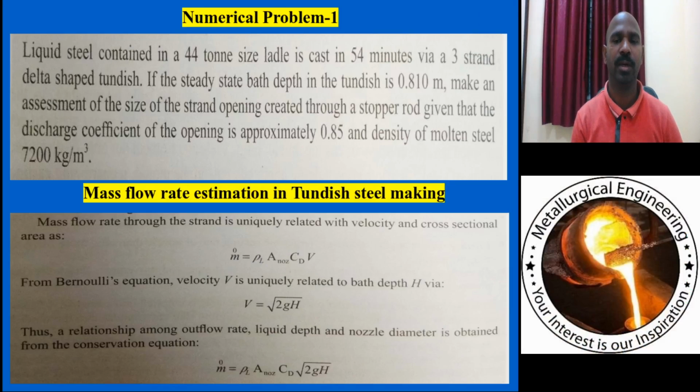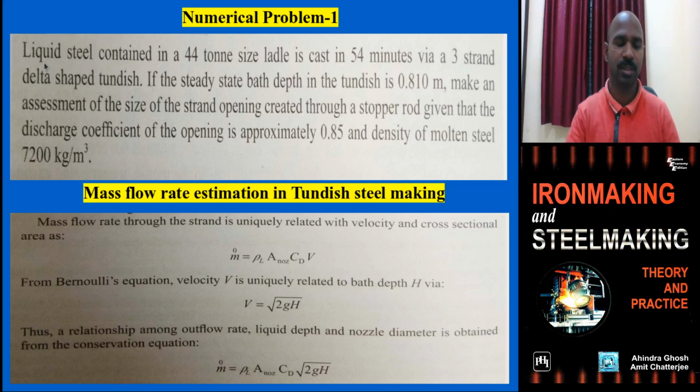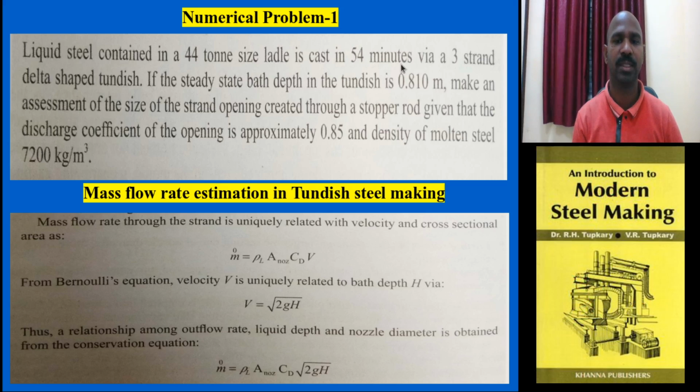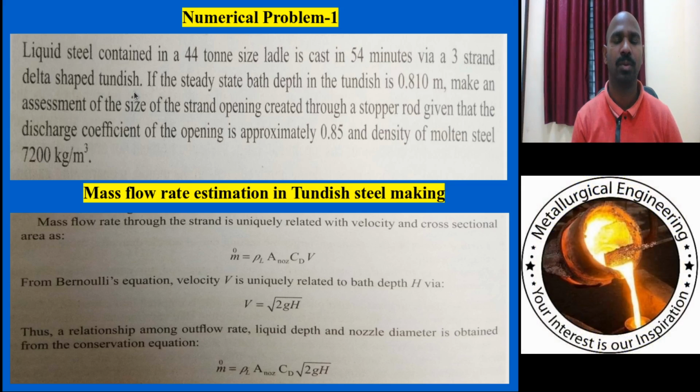Please make a note. I am taking one numerical problem example for the tundish steelmaking process. The liquid steel contained in the ladle is assumed to be 44 tons, and the residence time is 54 minutes, using a 3-strand delta shape tundish in one of the industries.